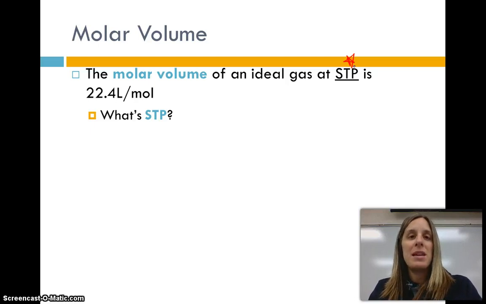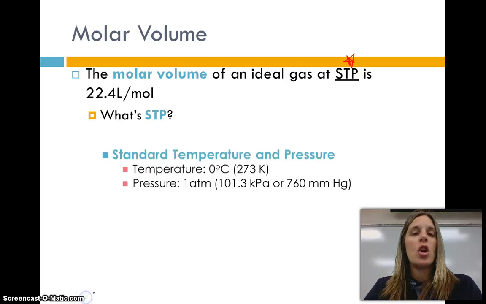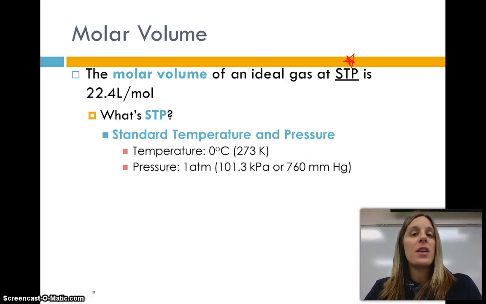So what does STP stand for? It stands for a set of conditions known as standard temperature and pressure. Standard temperature means you're doing your experiment at 0 degrees Celsius, which we know is equal to 273 Kelvin. And the pressure is either 1 atmosphere, 101.3 kilopascals, or 760 millimeters of mercury, depending on what pressure unit you're using.